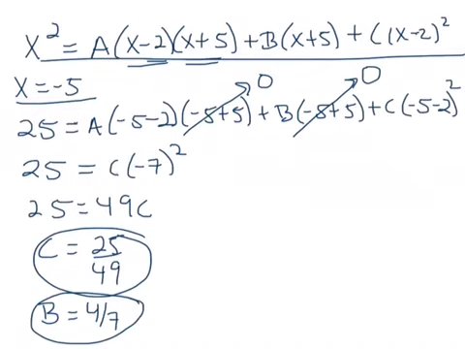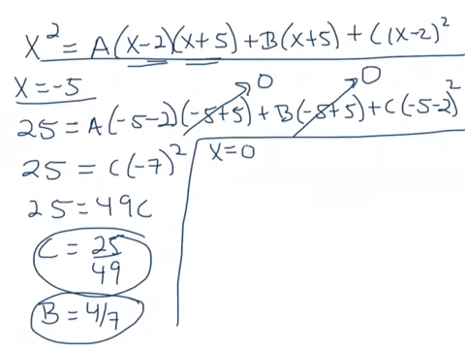So that means that if I plug in the negative 5, this will cancel, and if I plugged in x equals 2, it will also cancel. So let's put all of this together. I'm going to give myself some room here. And let's plug in the next best number, which is going to be x equals 0, while at the same time plugging in the two numbers we do know: B is equal to 4/7 and C is equal to 25 over 49.